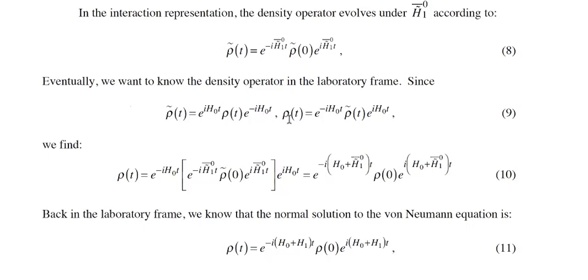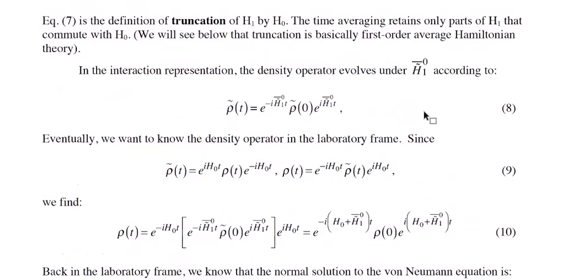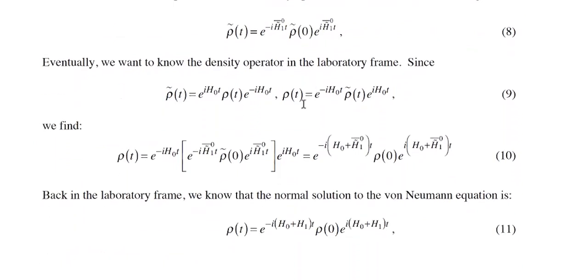You'll be left with rho of t, which is this, and then on the original left-hand side, rho tilde of t acquires these terms. Okay, do you see that? All right, so that's what I'm doing. I'm shifting the way I think about or write the density operator. So now the density operator in the laboratory frame is equal to these three terms multiplied.